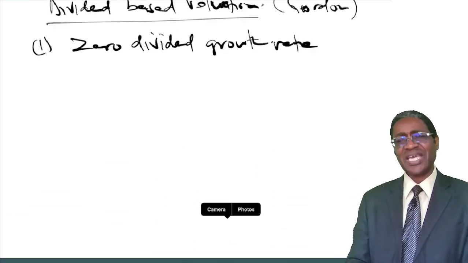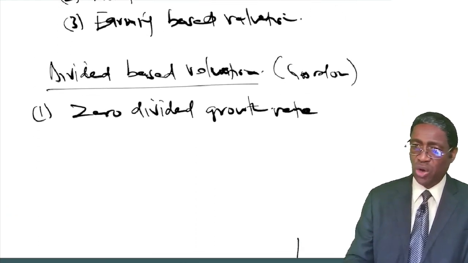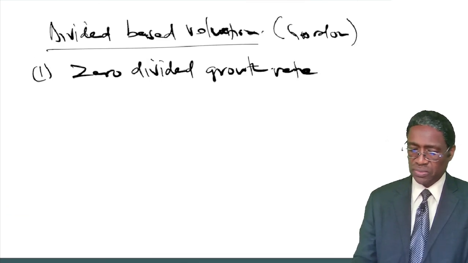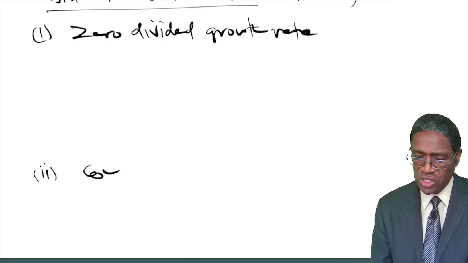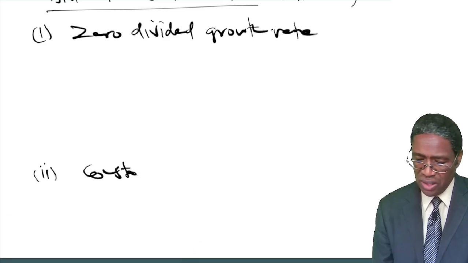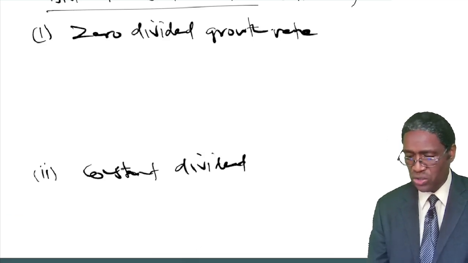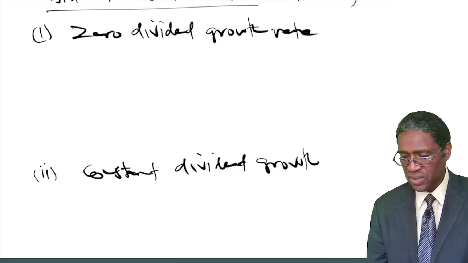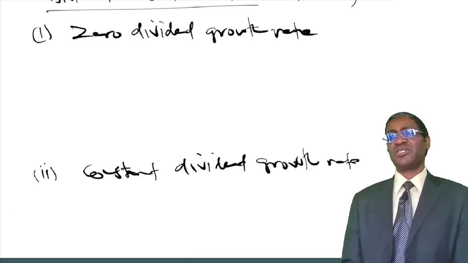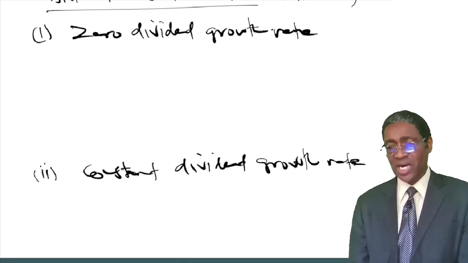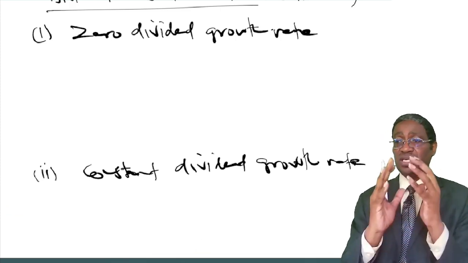The second category of ordinary shares, according to Gordon, is what we call constant dividend growth rate. Listen, this is where the dividends grow at a constant rate.